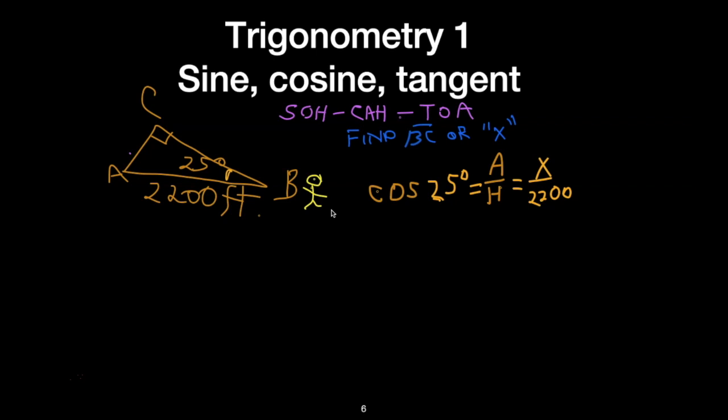In order to solve this equation for x, we must get x by itself by reversing the dividing by 2,200, which means multiply by 2,200 on both sides, and the 2,200 cancels on the right side and transfers over to the left. This keeps the equation balanced when you do the same opposite step to both sides.